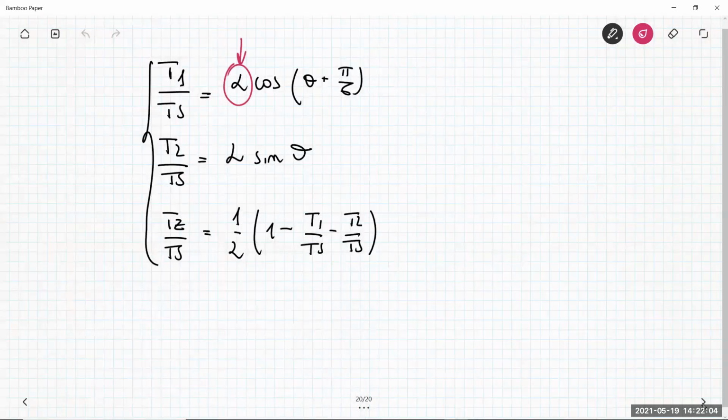Anytime you know your amplitude, and when you know the angular position of the rotating vector in the complex plane, then you can compute T1 over Ts, T2 over Ts, Tz over Ts that you have to apply for the space vectors in order to synthesize that specific position of the rotating vector.